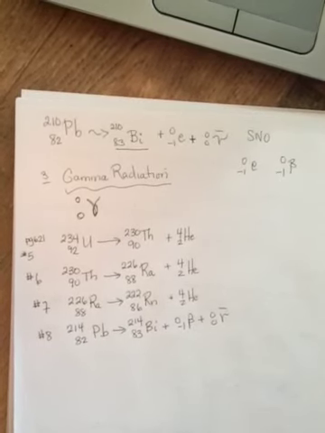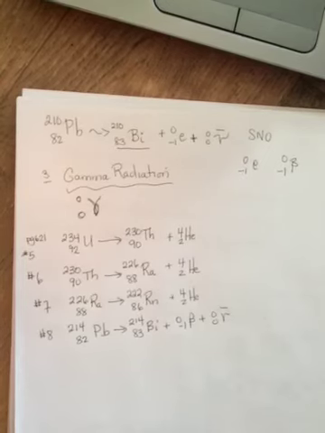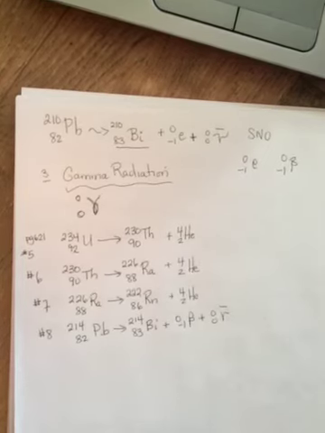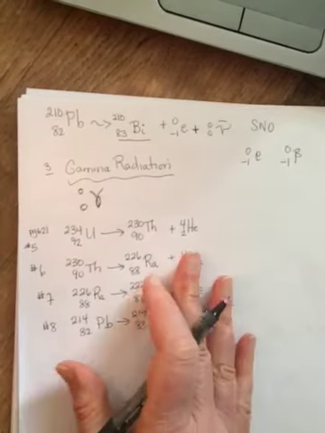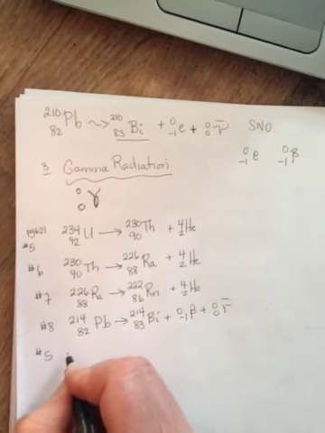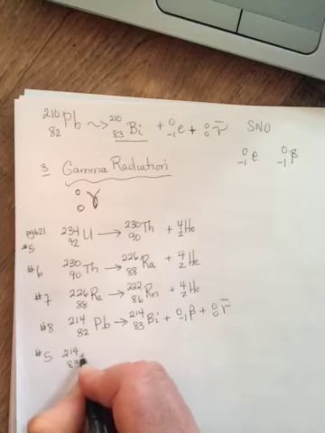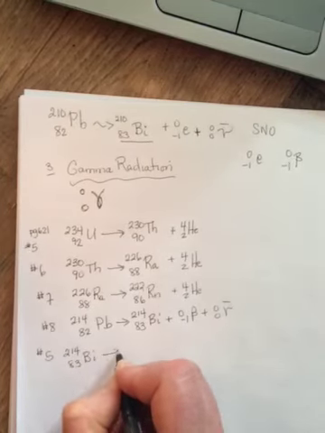Flip the page. I then ask you to do number 5. Radioactive bismuth 214-83 emits a beta particle. So finally, it's more complicated because it just tells you that it's 214-83 bismuth and that it's emitting a beta particle.